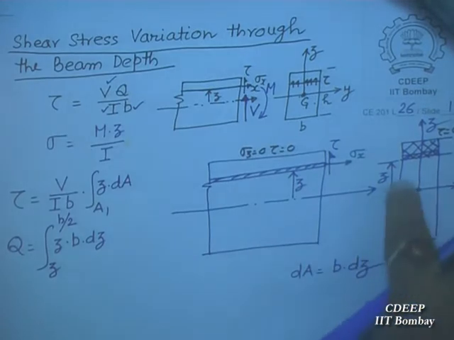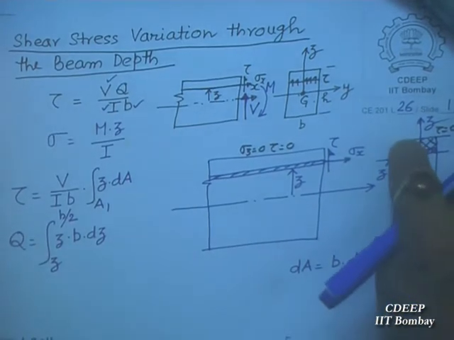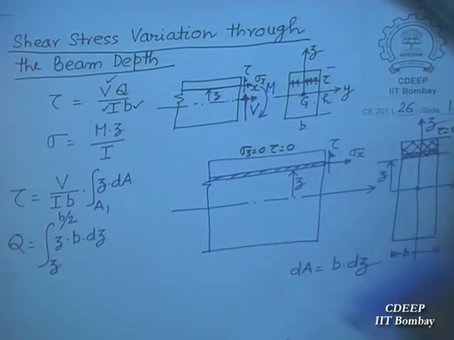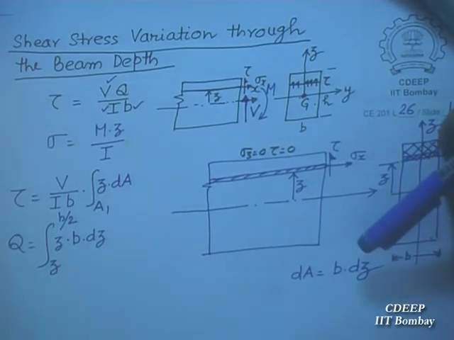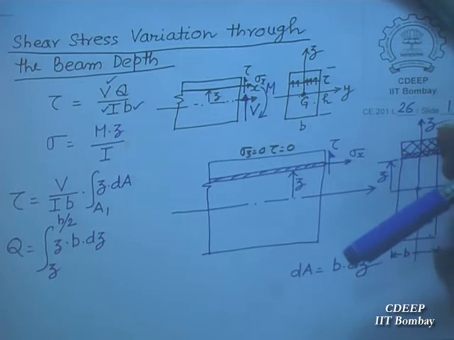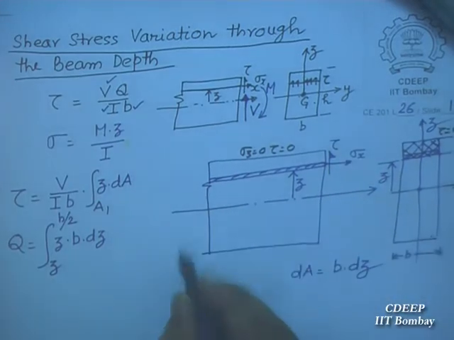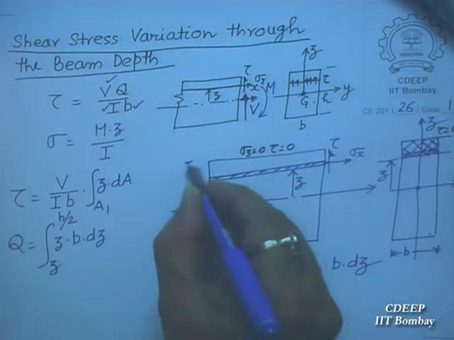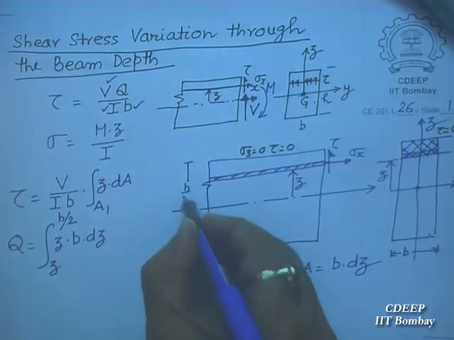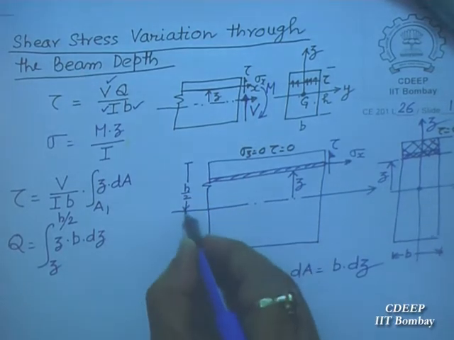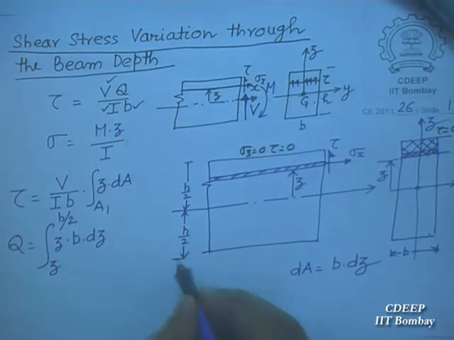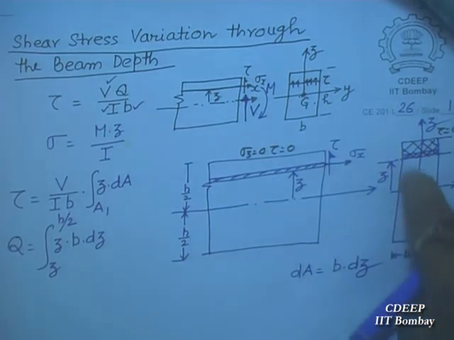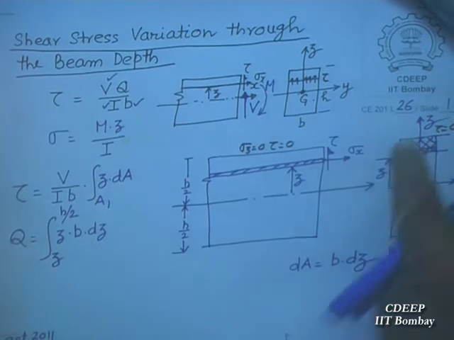This is going from z to h by 2. Why? This distance half is z to h by 2. Depth is total h. This total is h. This is h by 2. This one is h by 2. So going from z to h by 2.